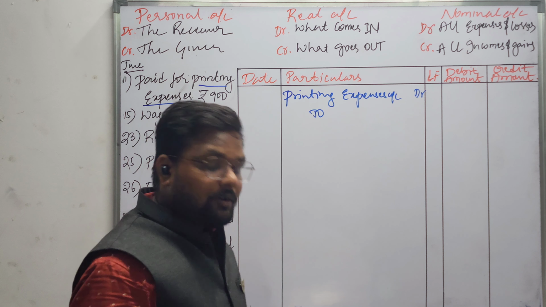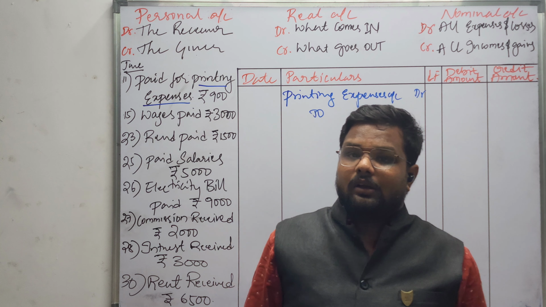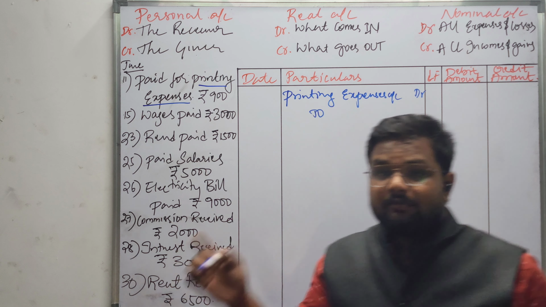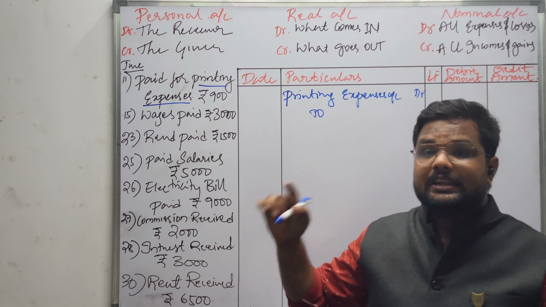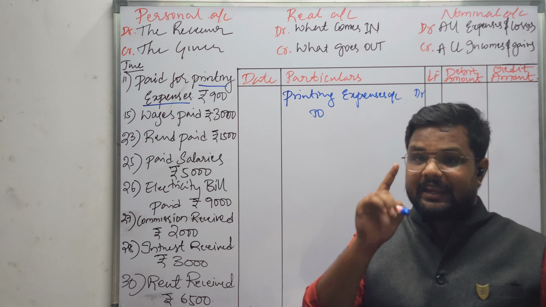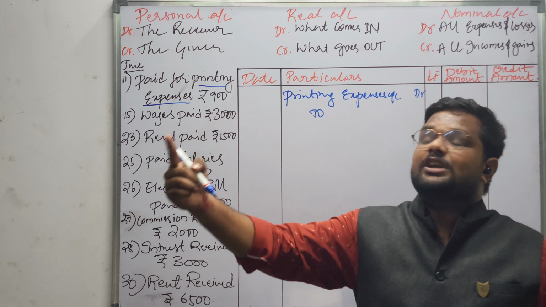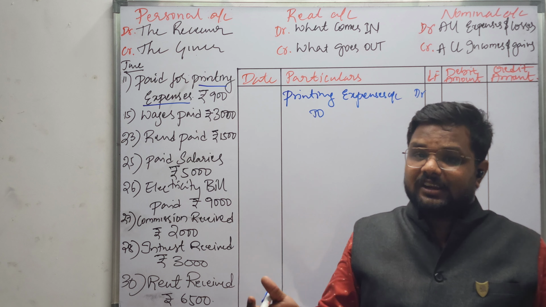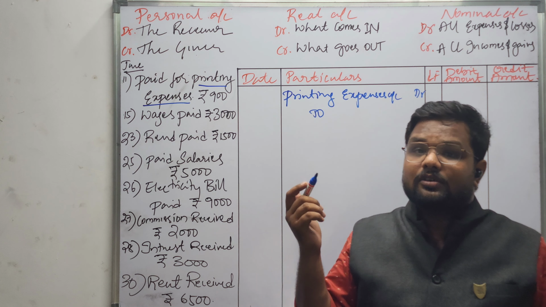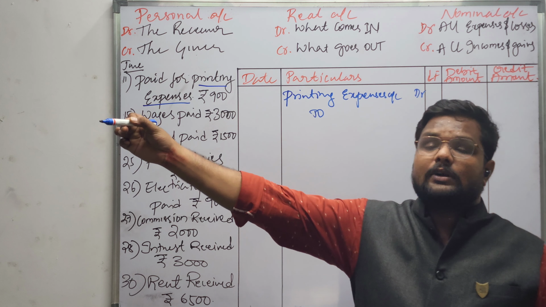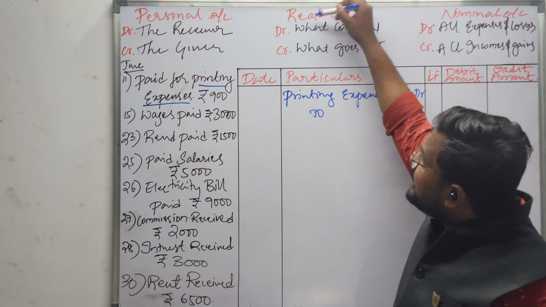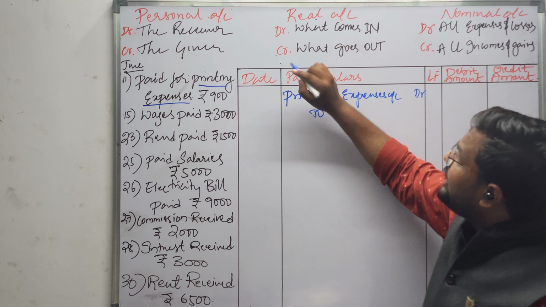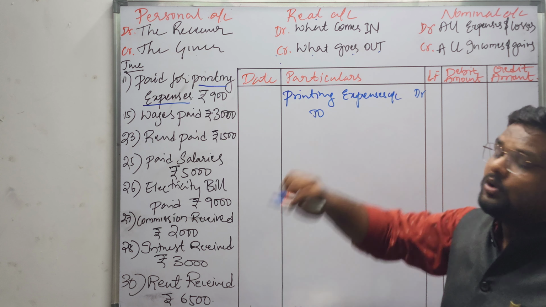What should I credit now? Whenever I am paying for any of the expenses, I am paying cash. Now cash is going out of the business. Cash is a real concept, physically existing. So by the real account rule, credit what goes out.